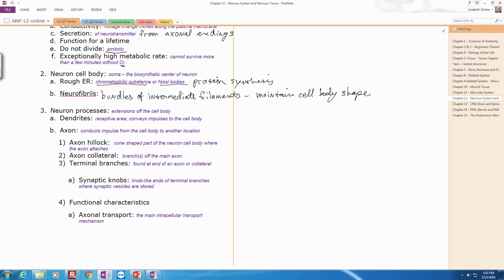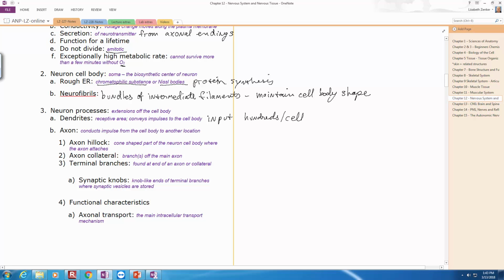So dendrite receptive area conveys impulses to the cell body. And so this is talking about the input side, info coming in. And these will be hundreds of dendrites per cell. Okay, so think of it as like crazy hair day. Tons of little dendrites hanging off the cell body, right? Hundreds of dendrites per cell.